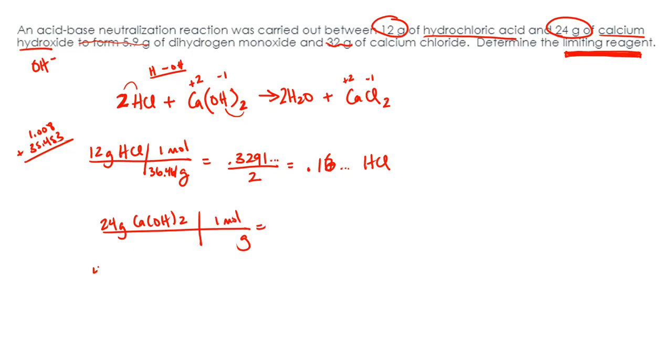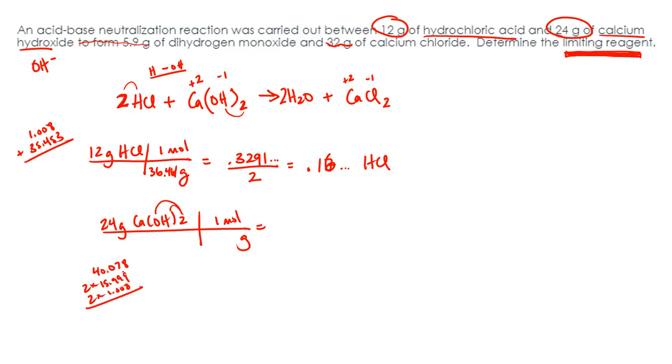So calcium is 40.078. I have 2 oxygens, so 2 times 15.999. And we have 2 hydrogens, 2 times 1.008.